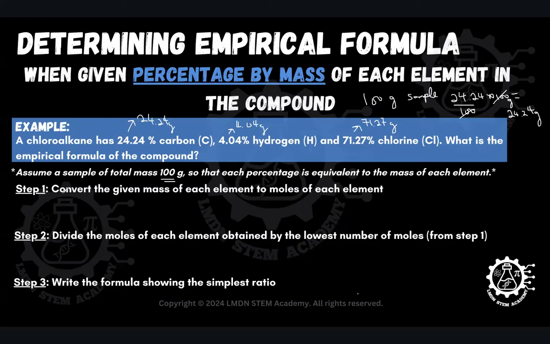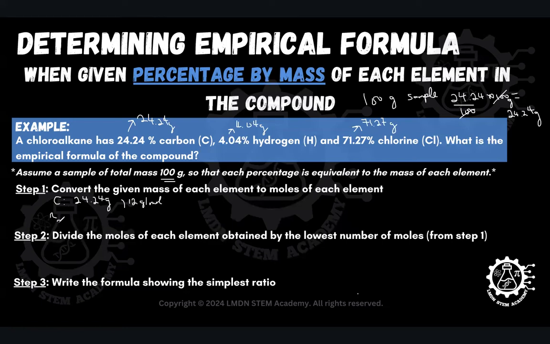So here we are now. We're going to focus on carbon first. By making this assumption, we found that the mass is 24.24 grams. We know that the molar mass of carbon is 12 grams per mole, so we can immediately convert that mass to moles.